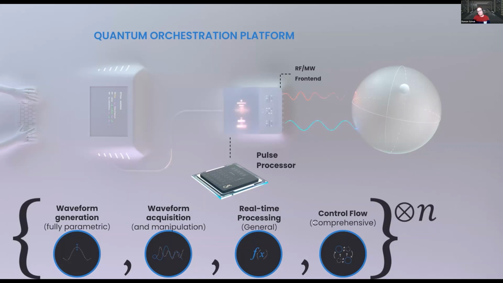And the last part is comprehensive control flow. So we have if-then, for loops, for each loops, while, switch case, any kind of control flow that you would expect to see in a high-level programming language. It is capable of being executed on the pulse processor.